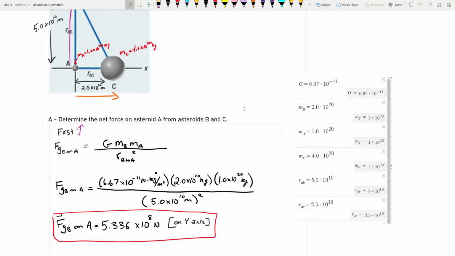And again, we can say this is the force of gravity of C on A. And it'll be the same thing. It's just going to be the gravitational constant times the mass of C times the mass of A divided by the radius from A to C squared. Not going to forget to square it like last time.